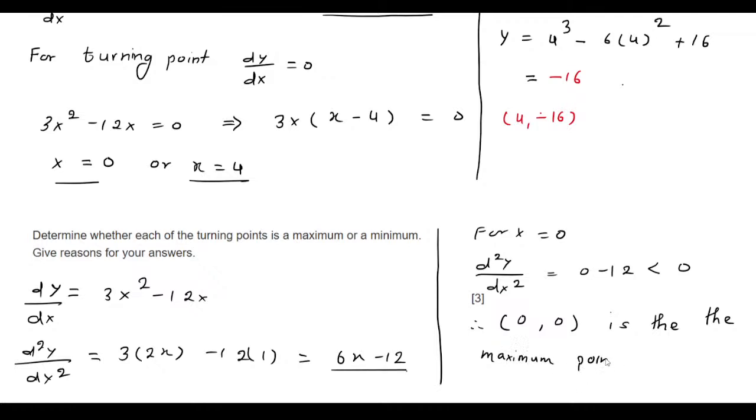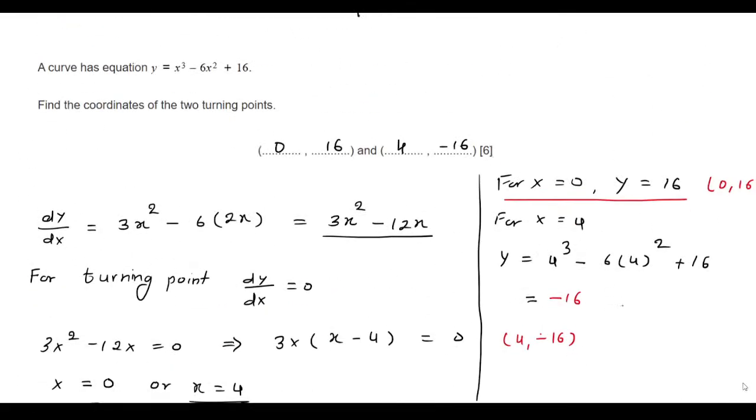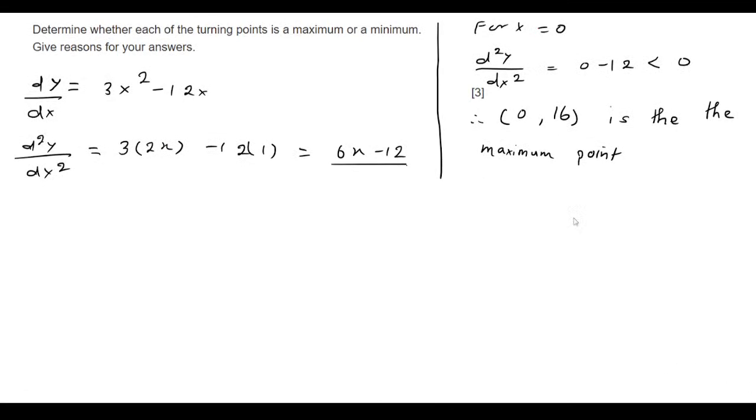Sorry, this is not (0, 0), it's (0, 16). I think it's (0, 16). Here we have to find the y value. When x is 0, y is 16, so (0, 16) is the maximum point.